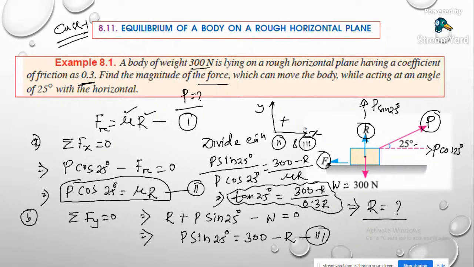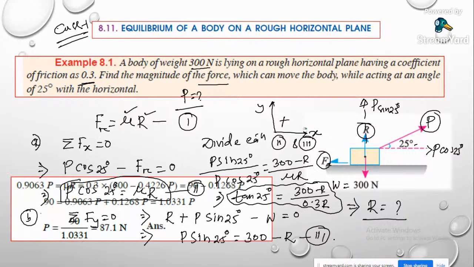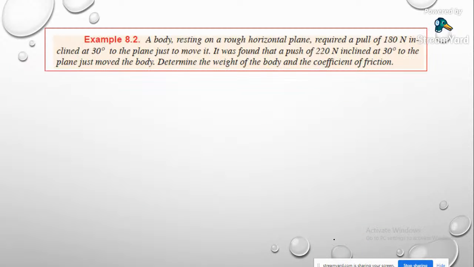Otherwise you can also put it in equation 3 and find the P value. So this is the process by which you can solve. Okay, this is the second.